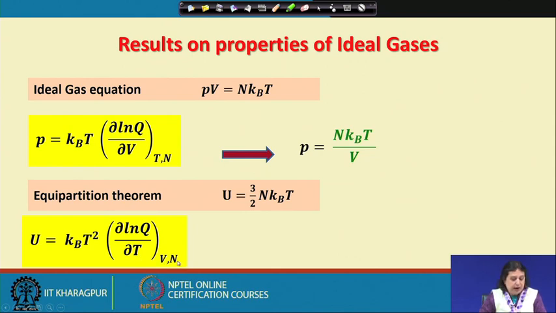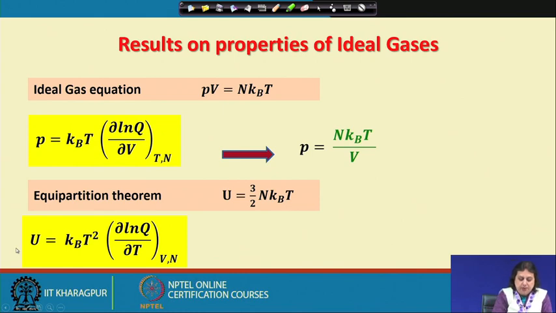So, I need to understand the derivative of ln q with respect to temperature, keeping volume and number of particles constant, and once I know this derivative, I will multiply it with kBT squared and the result will give me the internal energy.